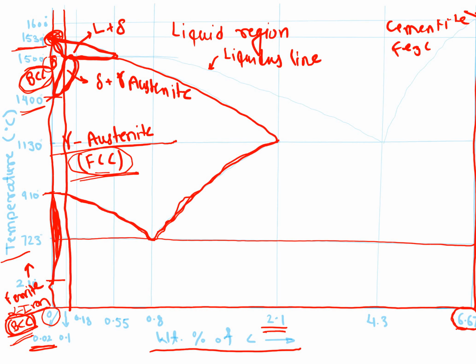Now for this region, this side liquid, this side gamma austenite. So this will be liquid plus gamma austenite.